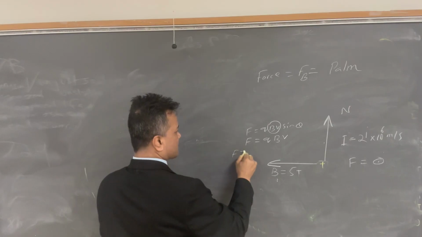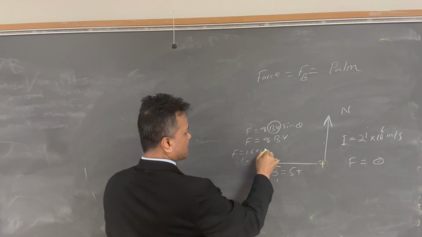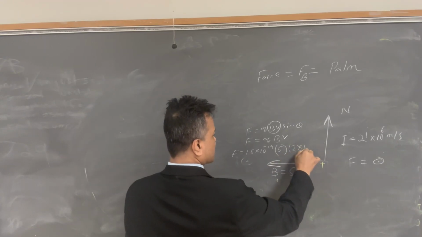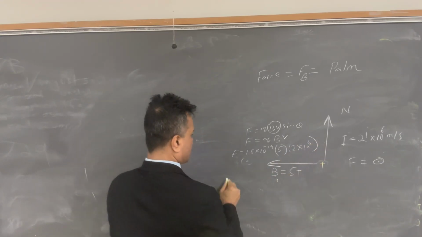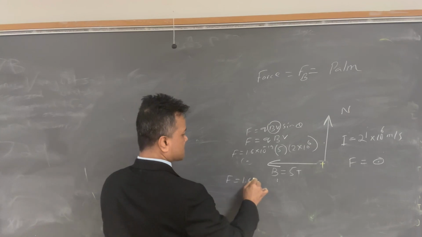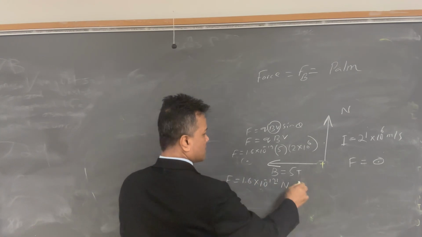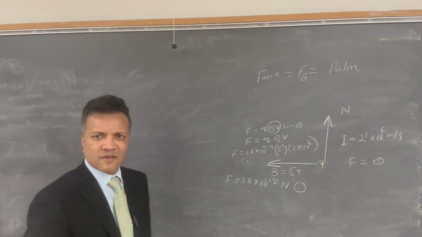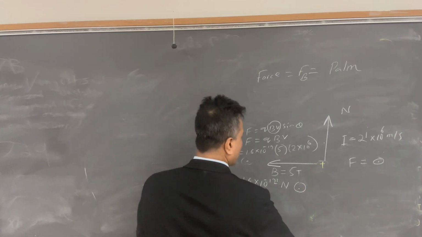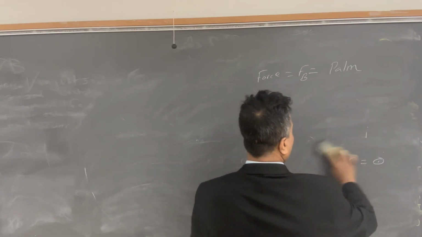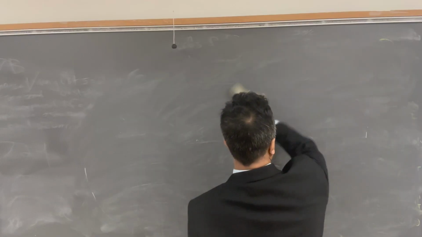So F is 1.6 times 10 raised to negative 19, B is 5, V is 2 times 10 raised to 6. Okay, so F is 1.6 times 10 raised to negative 12 Newton outward.